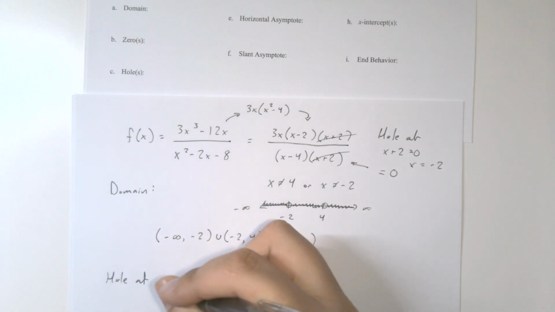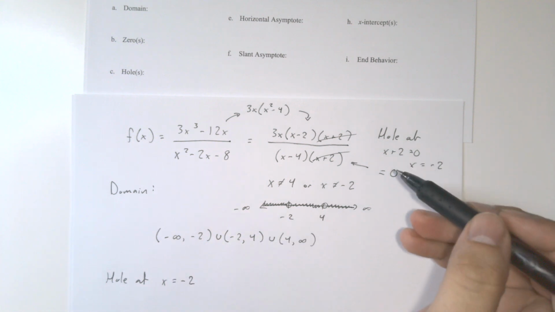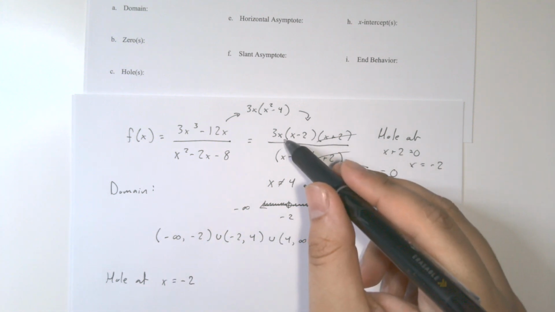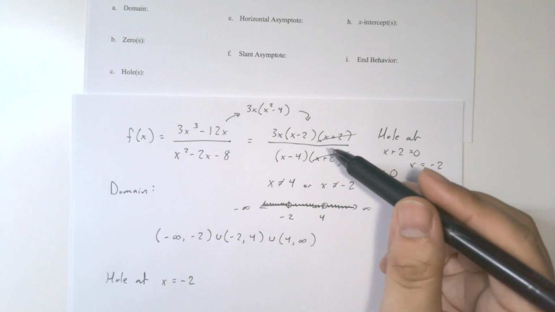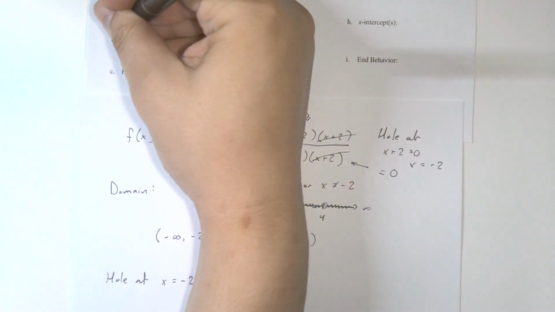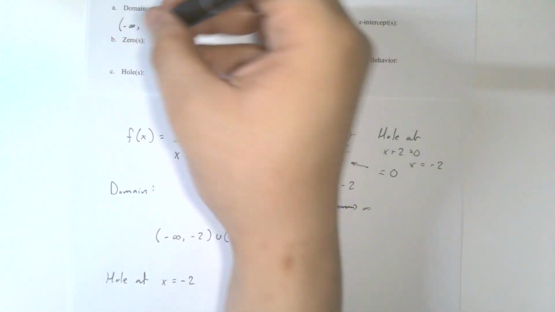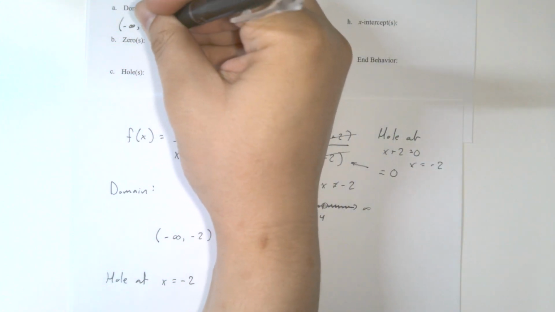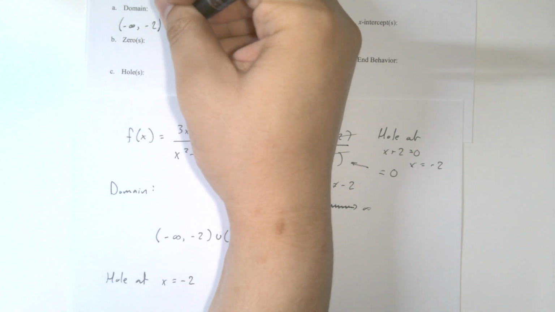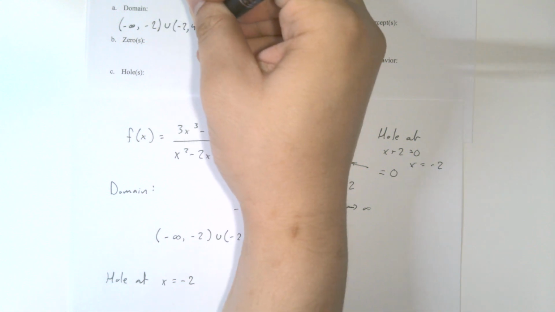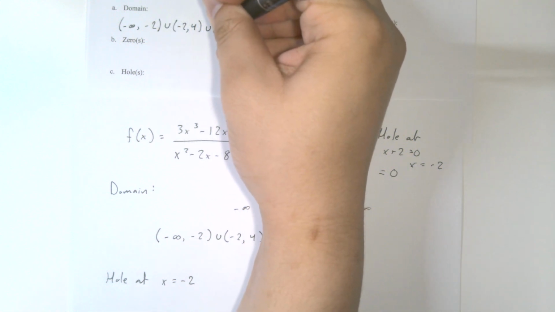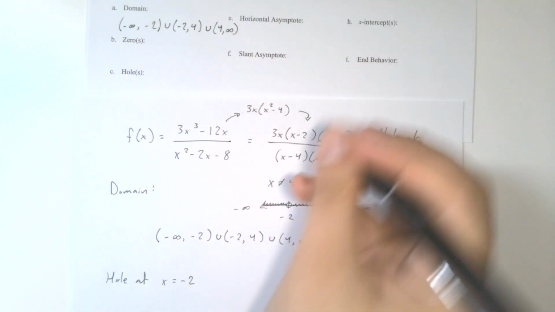So since we have a hole at x equals negative 2, for the zeros, and I'll start writing my answers up here. So the domain: negative infinity to negative 2, union negative 2 to 4, union 4 to positive infinity.